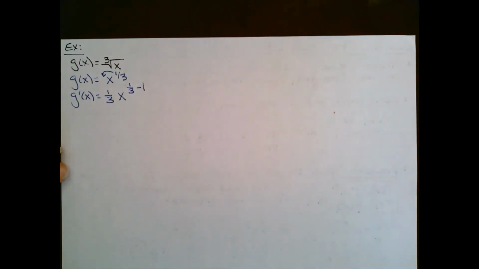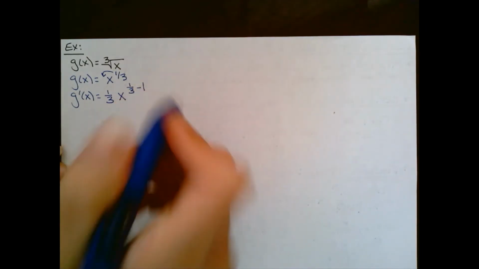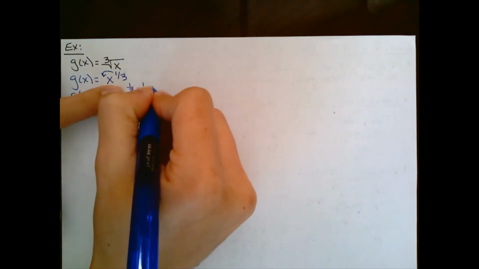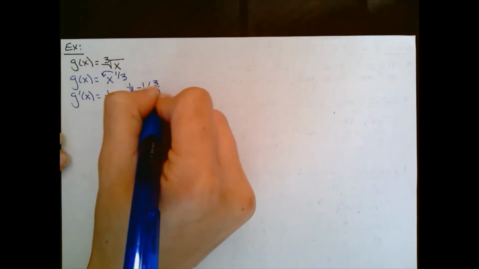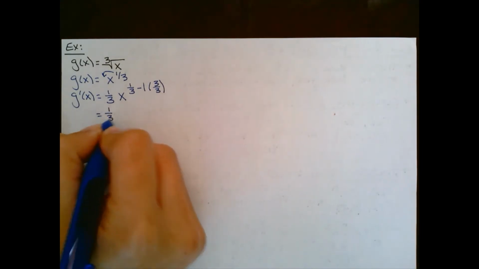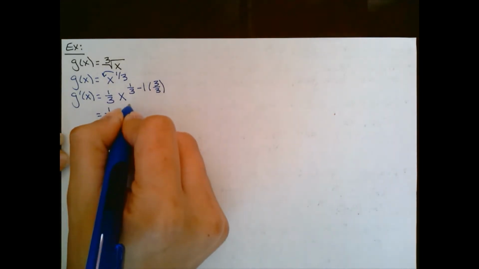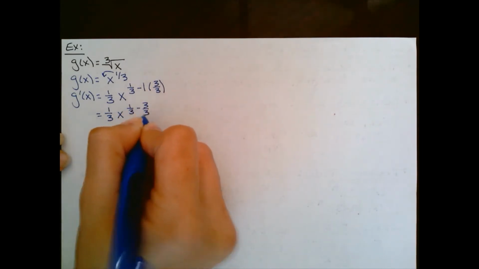Okay? Now, every time that I have a fraction and I'm going to subtract 1, feel free to just subtract it by whatever that denominator is over itself, because I do need a common denominator. So I'm going to change this to 1/3 times x raised to 1/3 minus 3/3. Okay?